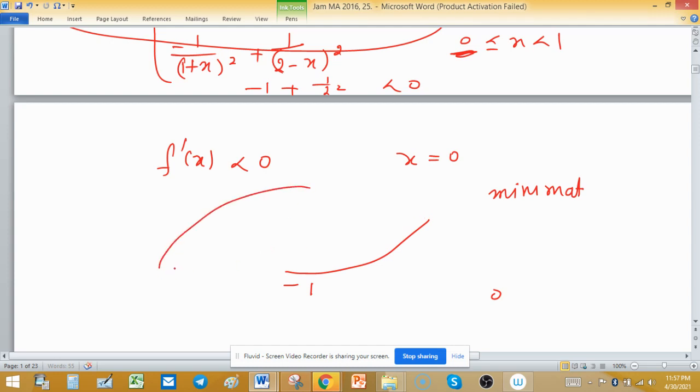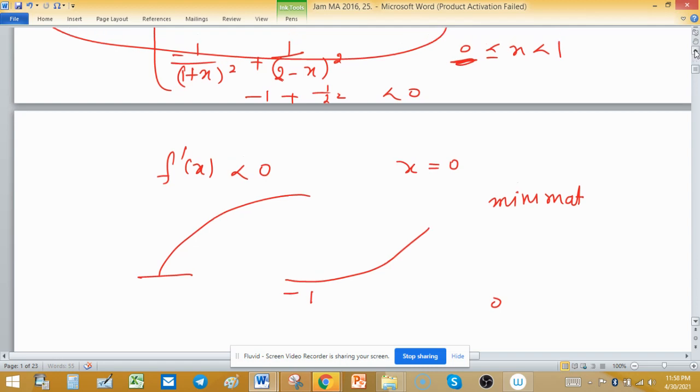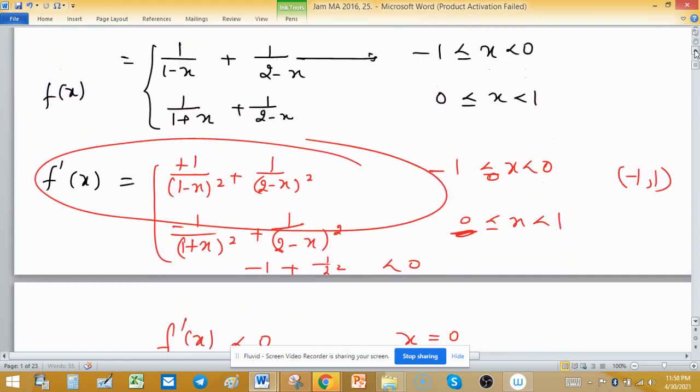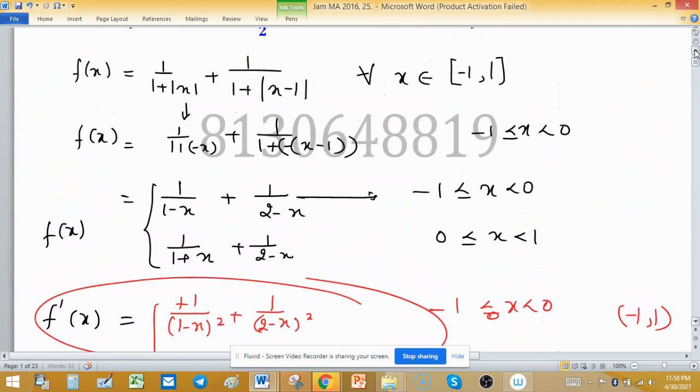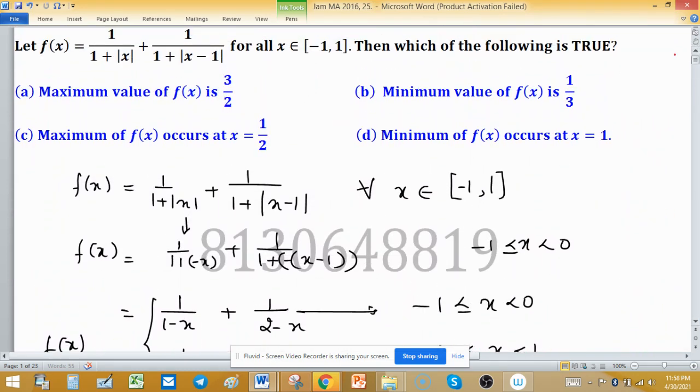It means the minimum value will exist at this point. If a function has monotonic behavior, then the function has its minimum value at -1. And option D is saying the minimum value of f(x) occurs at x equal to 1. So this is a false statement.